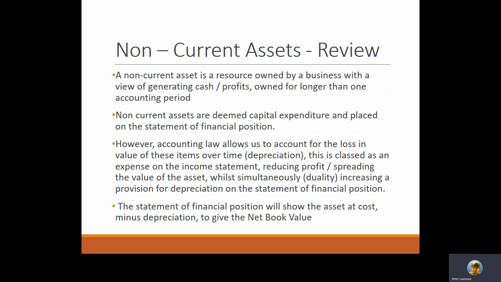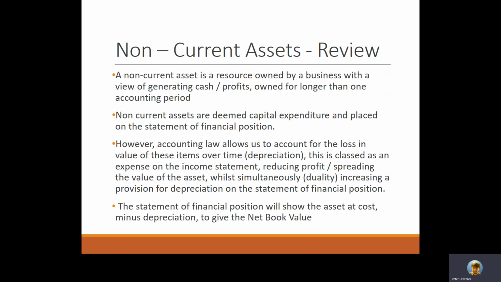So if one is sold, then we have to make adjustments to the financial statements in order to record that sale. Now, non-current assets are normally deemed as capital expenditure and they're placed on the statement of financial position. So they are large items of significant value and they are placed on the balance sheet. But we're allowed to depreciate them over time, and we class the depreciation as an expense on the income statement, and that reduces profit.